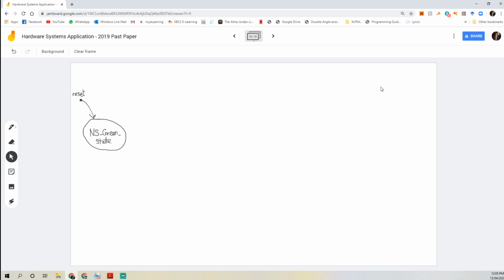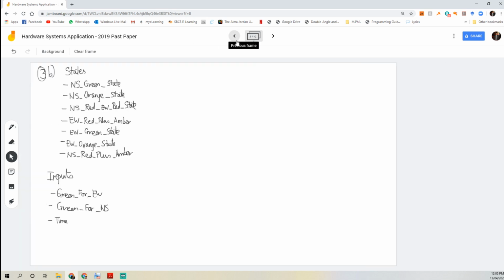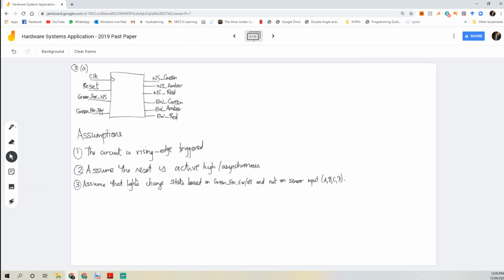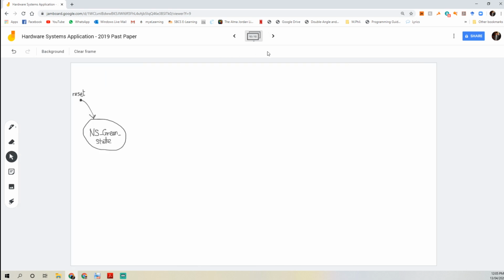All right. When we are in the north-south green state, when do we go into north-south orange? Well, to go into north-south orange, that means that the east-west lights want to turn green. So if those lights want to turn green, our signal green for east-west can go high, and that will trigger the north-south lights to go into the amber state and then the red state.